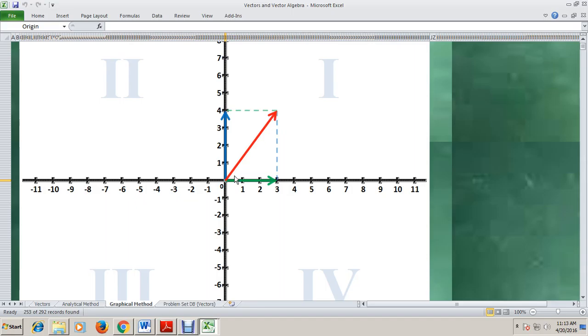Since this is a right triangle, try to recall our basic trigonometry: for every right triangle, the square of the length of the hypotenuse, which is labeled as c, is equal to the sum of the squares of the legs. If we label this as A and this as B, then A squared plus B squared is equal to C squared, which is commonly known as the Pythagorean theorem.